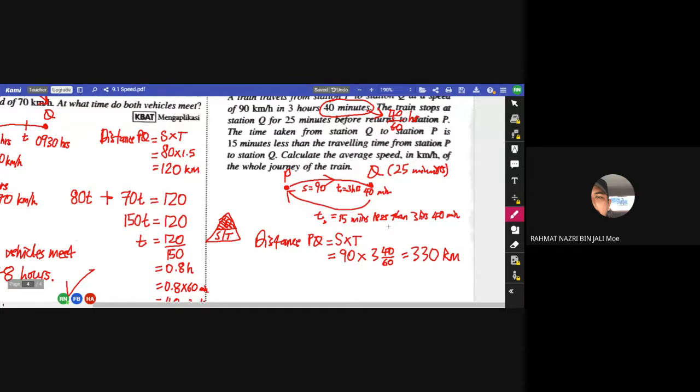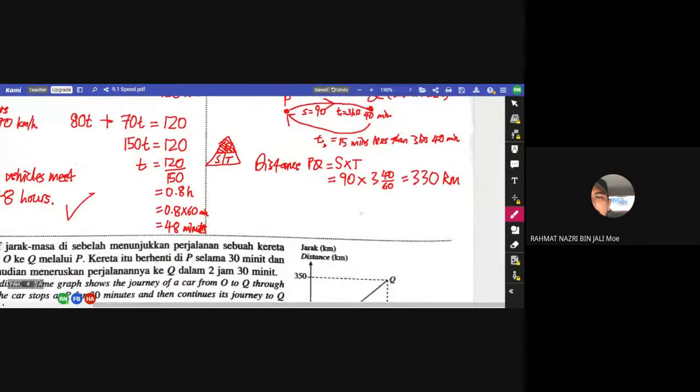The total distance is actually PQ plus QP, 330 plus 330. That's for the average speed.